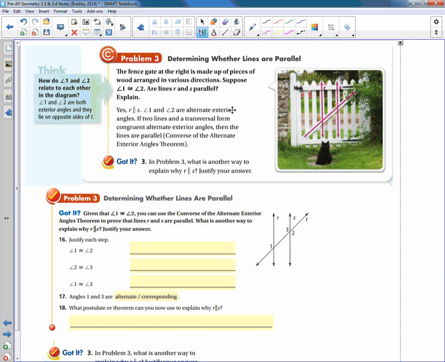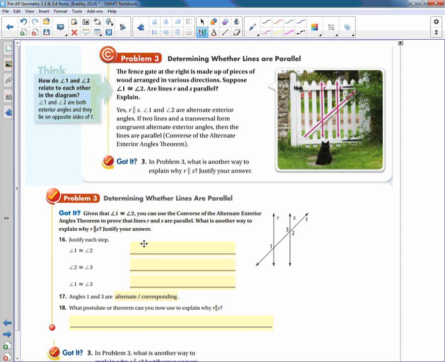Okay. So let's look at these right here where we're determining whether they are parallel or not. This one says that angle 1 and 2 are congruent. So if 1 and 2 are congruent, are R and S parallel? And how do we know? Okay, alternate exterior. Is there any other way that we could prove that? Well, 1 and 2 are alternate exterior, but 3 and 1 are corresponding.